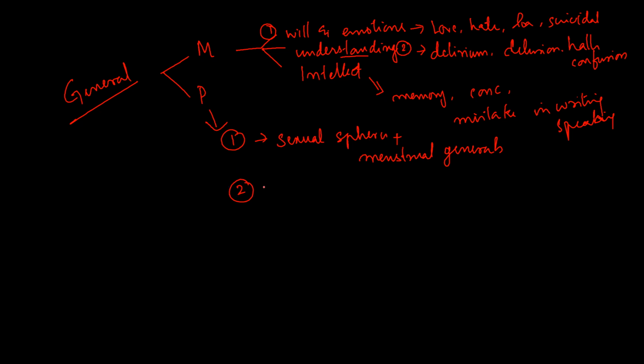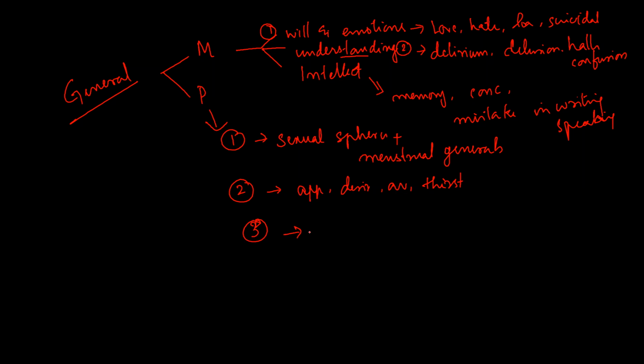The second most important one is related to appetite, desire, aversion, and thirst. So this is the second important one: appetite, desire, aversion, and thirst.